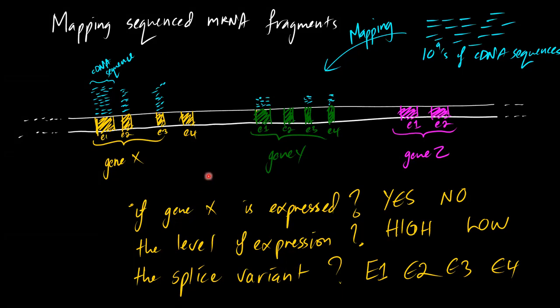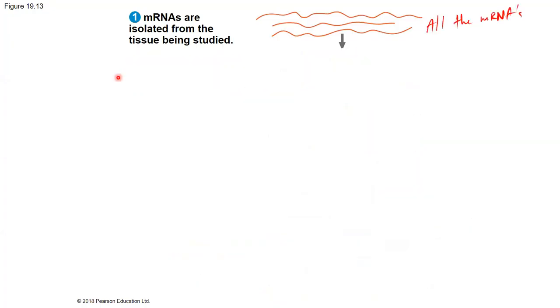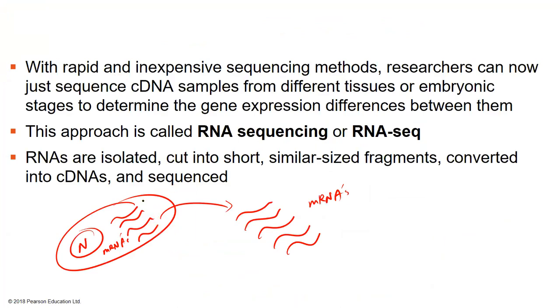So for example, judging from the mapping, because we have cDNA sequences mapping to the exons of gene X, this means that we already isolated mRNA for gene X. So this is mRNA X, and now mRNA X was isolated, and then fragmented and then sequenced.